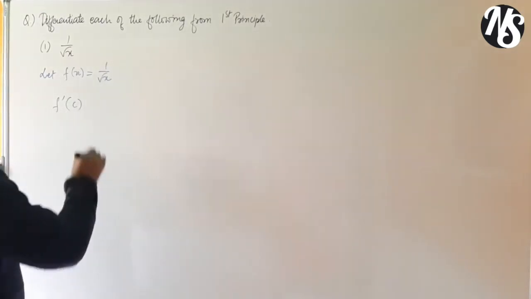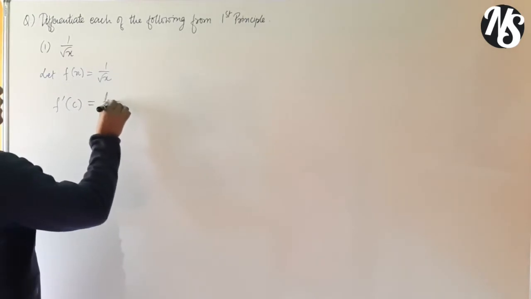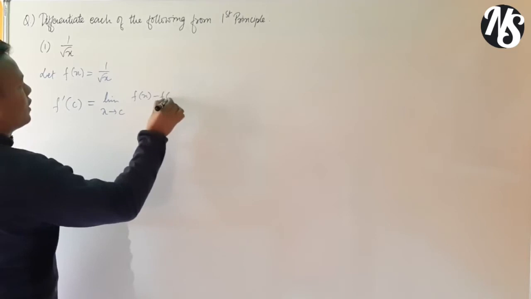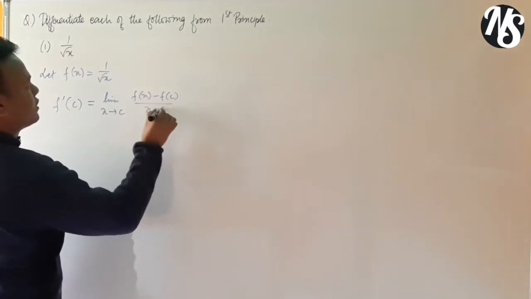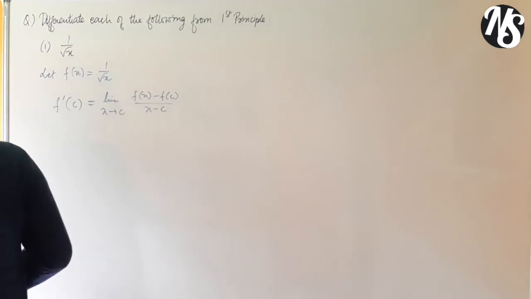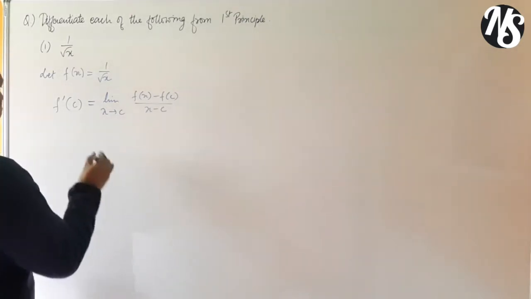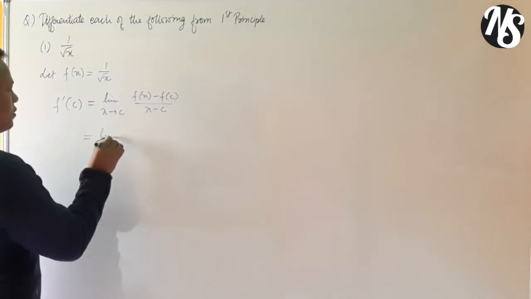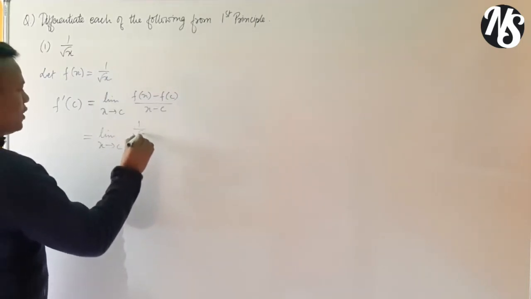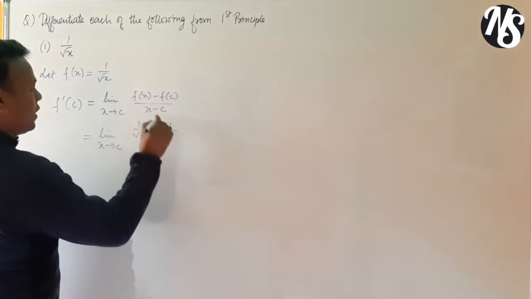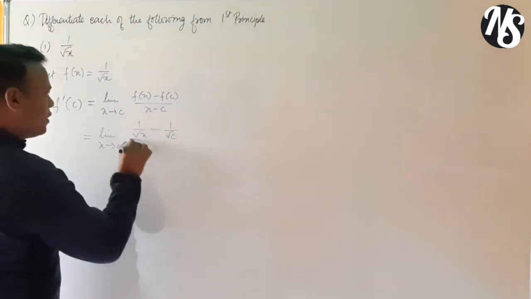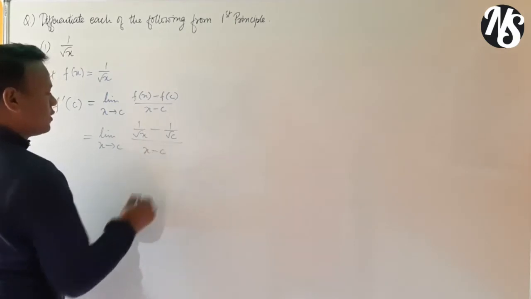As per the definition, we have limit x tends to c of f(x) minus f(c) divided by x minus c. So this is the definition, right? Okay, so let's apply this definition then. So we have equals limit x tends to c, f(x) is 1 by root x minus 1 by root c, since f(c) becomes 1 by root c, divided by x minus c.